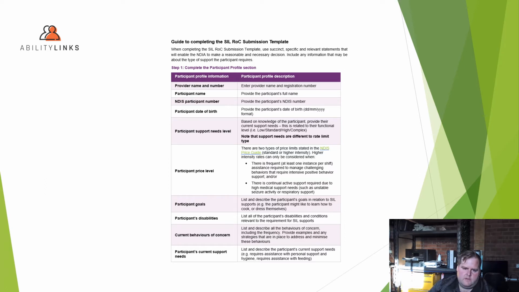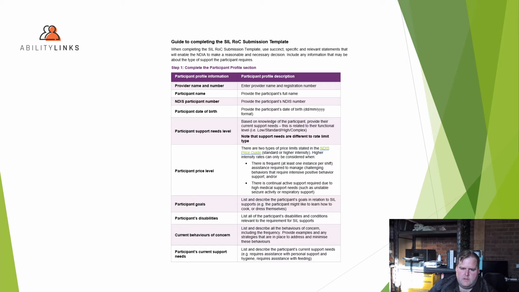So you could expect a low support needs person would have a lower ratio of support, which could be only needing 1 to 4, for instance, a majority of the time. They're fairly compliant, whereas standard, a person may need a little bit more physical assistance or prompting. High is when there's usually behaviors of concern or high physical dependency involved, and complex is usually when you're looking at people requiring extremely high levels of support.